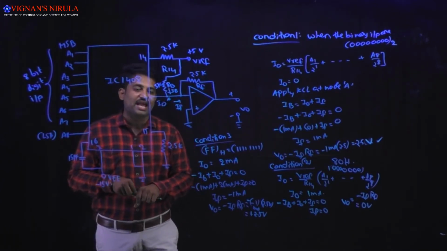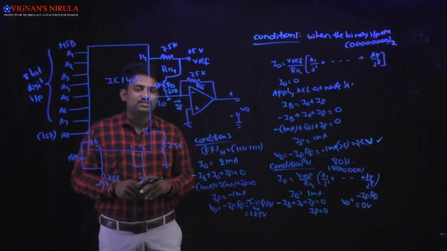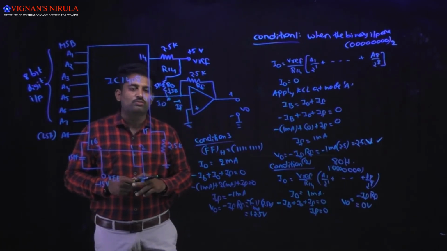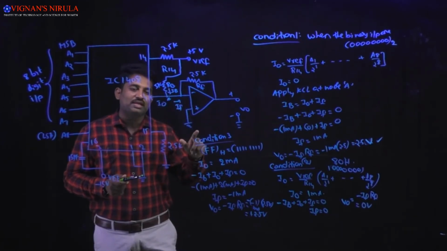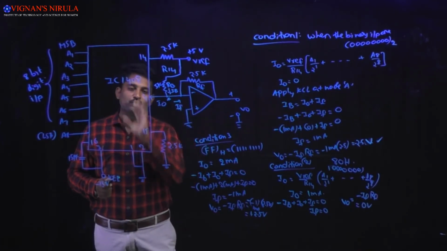That is V reference divided by RB, where V reference is equal to plus 5 volts and RB is equal to 5 kilo ohms. Then we will get 1 milliampere current, which is constant irrespective of the input voltages.